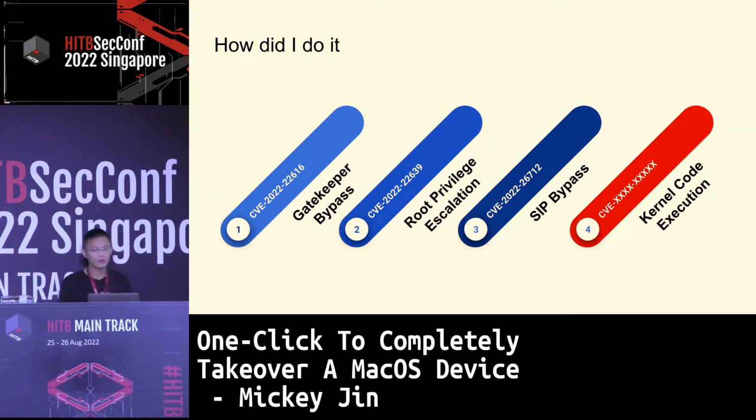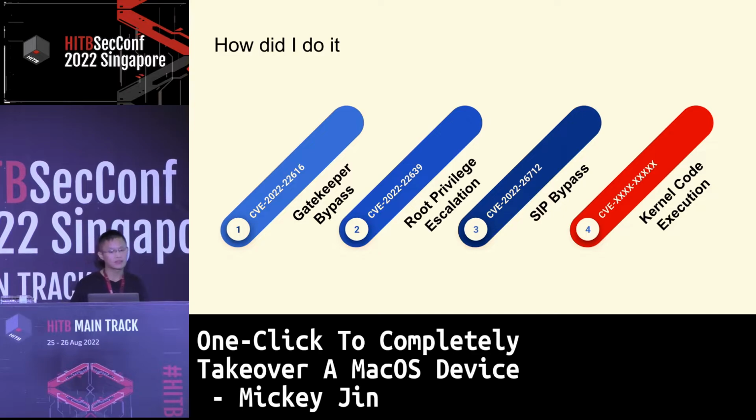So, these are the vulnerabilities I discovered for the exploitation. First, I exploited CVE-2022-22616 to bypass the protection of macOS GateKeeper to get the ability to execute code remotely. Then I will get root privilege escalation by exploiting CVE-2022-22639.